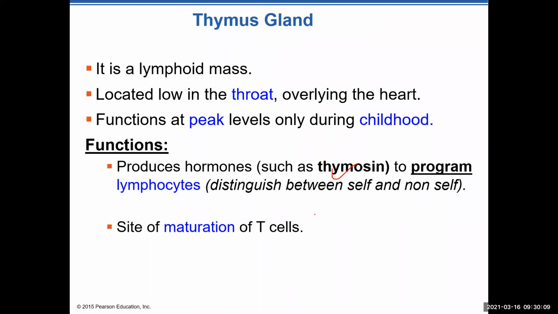In the thymus, and we'll discuss this whole process, the T cells are taught how to differentiate between the self antigens and the non-self antigens. Which antigen belongs to you, and which antigen is a foreign body for which they have to start the response.